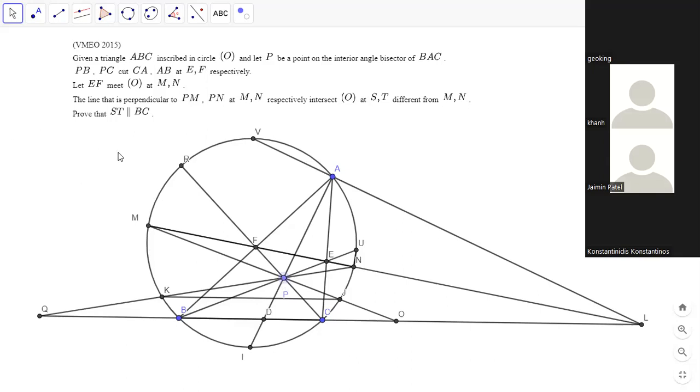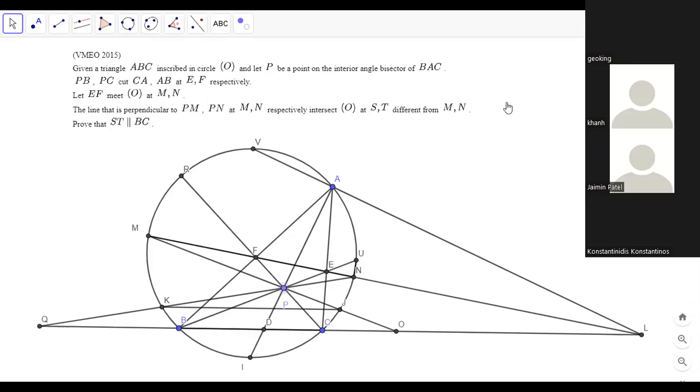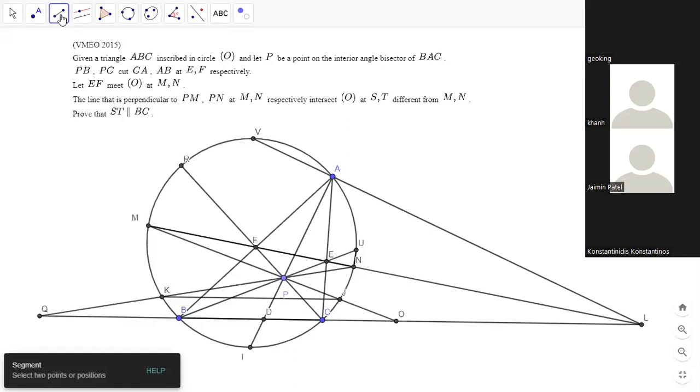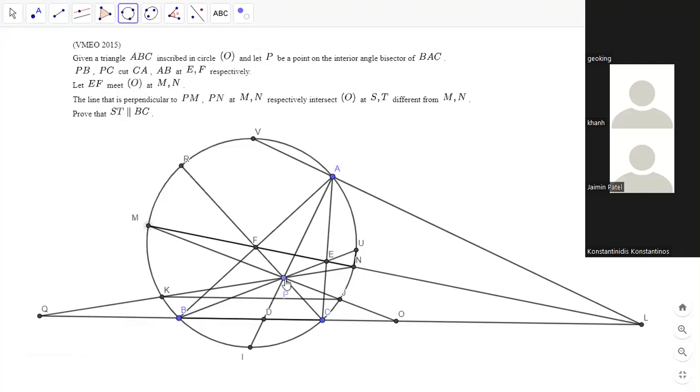Sorry, can I speak for a while, Michael? I think I have the idea. So I think Stefan said that if we can prove the tangent from P of circle PMN is parallel to BC, then this is equivalent to the problem, right? Yes. Is it right, Stefan?